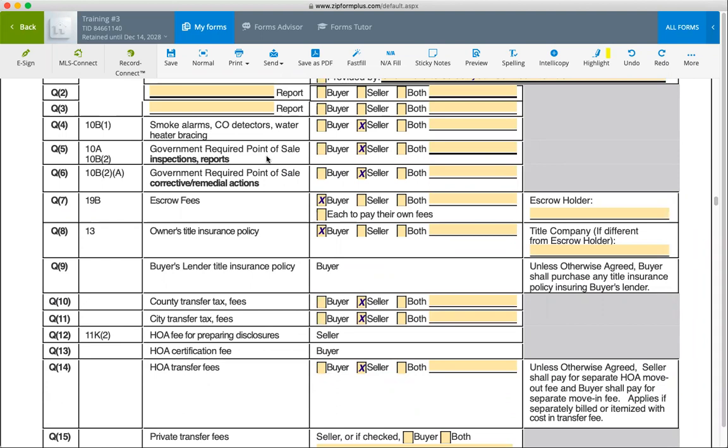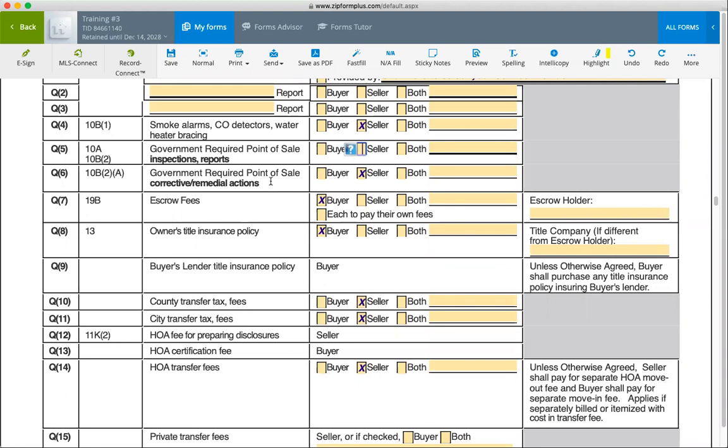Well, if we know that there are no government required point of sale inspections or reports, then you could leave that blank. Okay. What would be an example of one, because I've never come across any? I know San Rafael in Marin County has always required an inspection, and they do require corrective actions if they find something that's amiss.